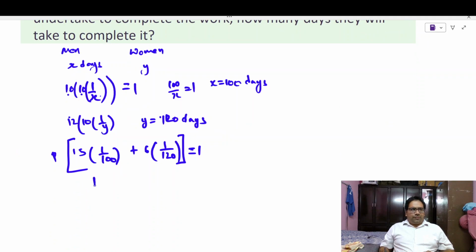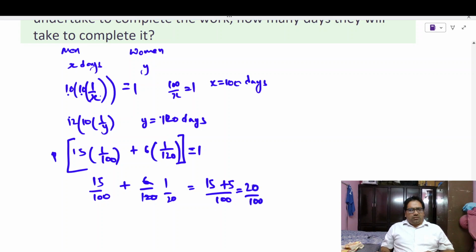So P into 15 by 100 plus 6 by 120, which is 1 by 20. 15 plus 5 by 100 equals 20 by 100. P into 20 by 100 equal to 1. So P equals 5 days.